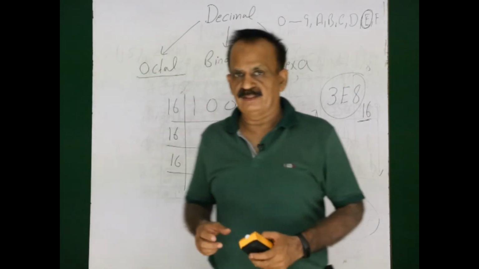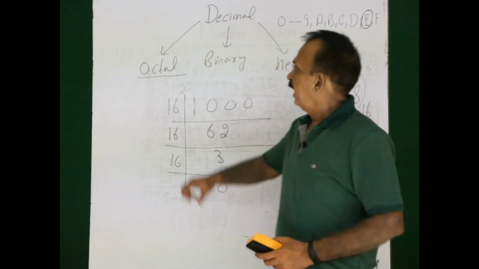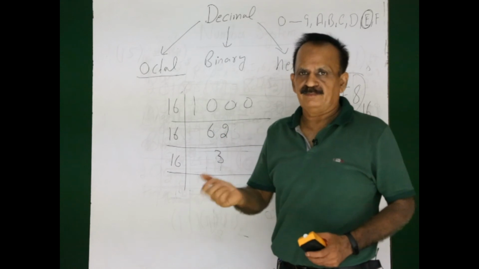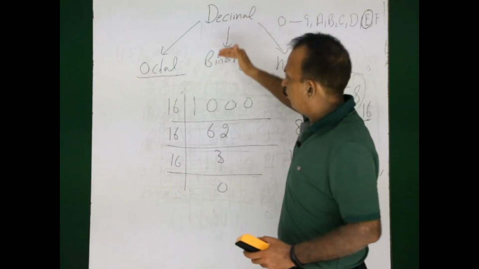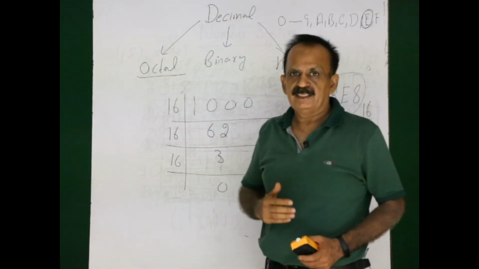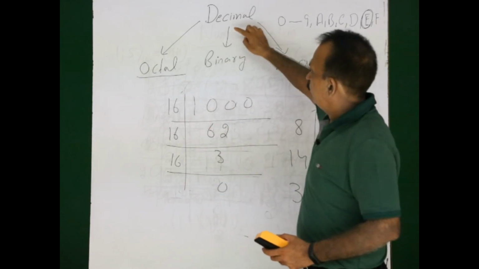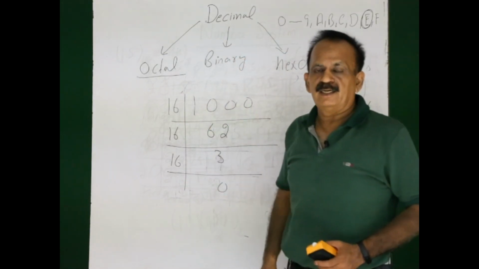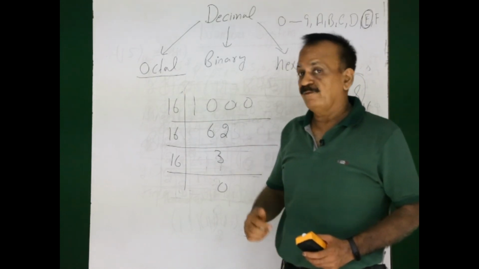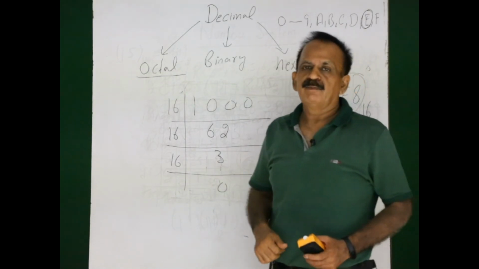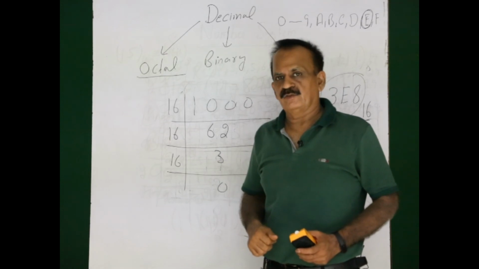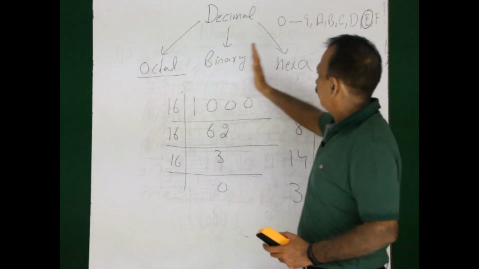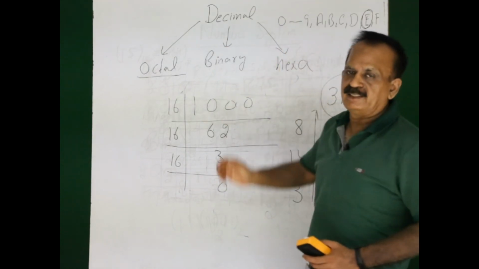We started with the decimal number system because we are familiar with it. For decimal to binary, we divide by the base 2 and write down the remainder, and for the fraction we multiply by 2 and write down the carry. Here we use 8 as the base, here we use 16.